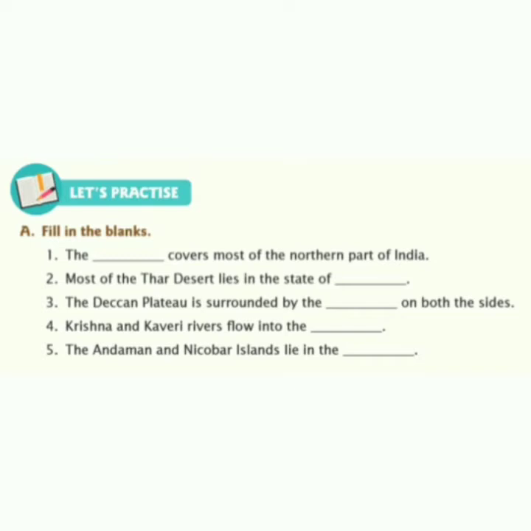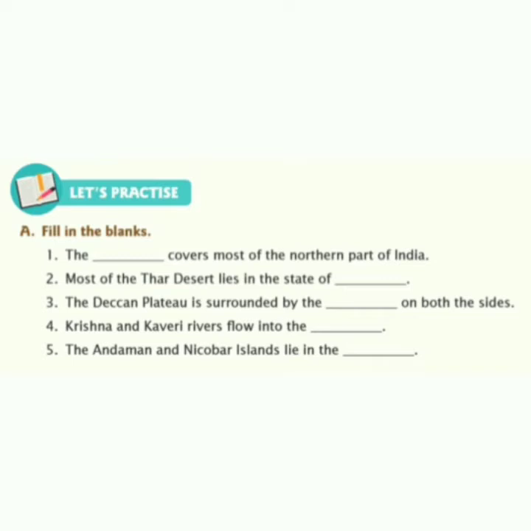Now let's practice. Fill in the blanks. The dash covers most of the northern part of India. Second, most of the Thar Desert lies in the state of dash. Third, the Deccan Plateau is surrounded by the dash on both the sides.